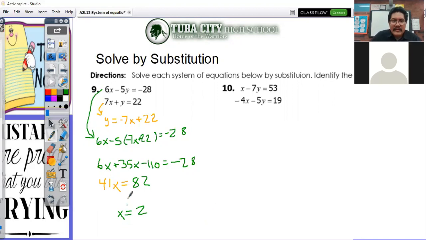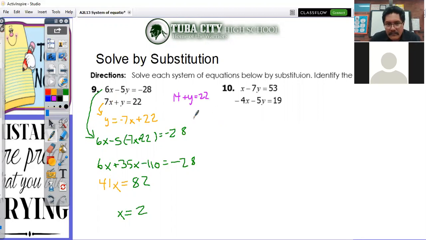Now again, I have a choice. I can either plug it into the top one or into the bottom one, either one of these. Now for this one, I think I'm going to plug it into this one here. So let's try that. So 7 times 2, because x is 2. 7 times 2 is 14 plus y equals 22.